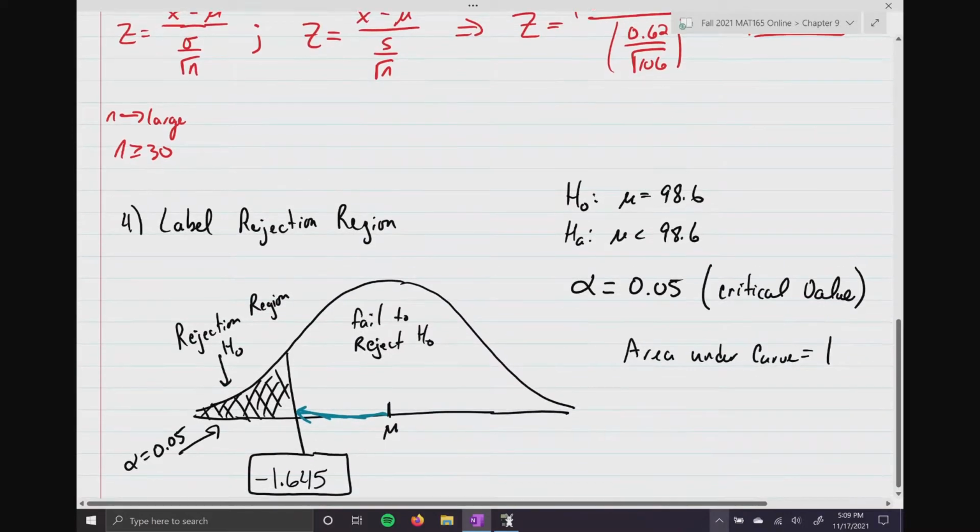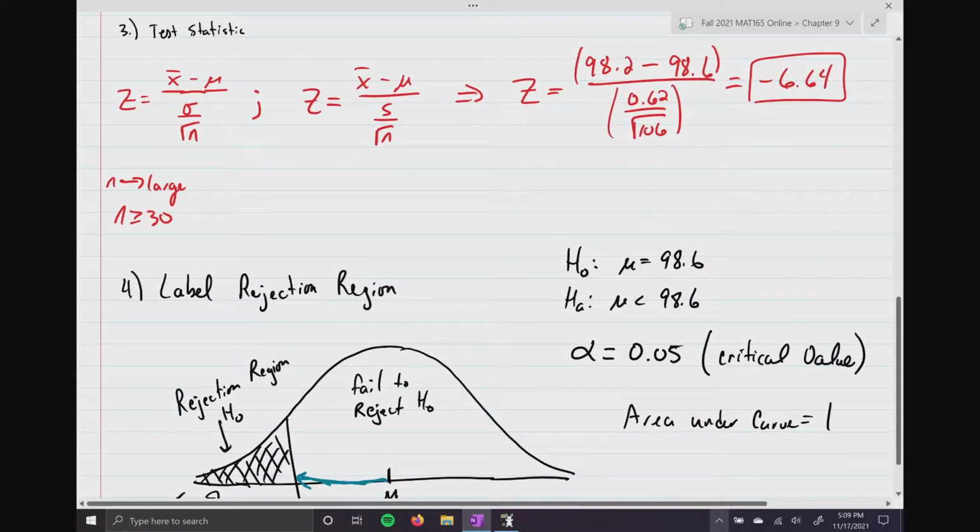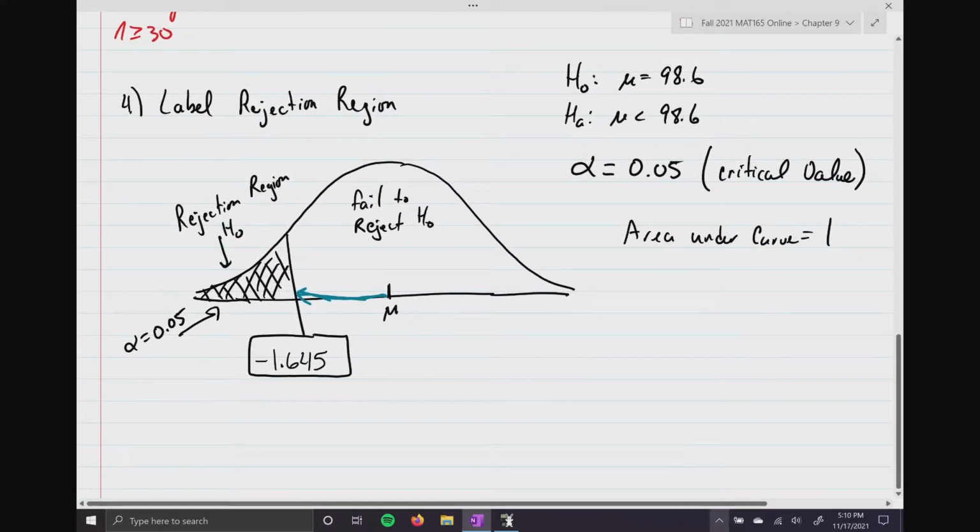Well, our test statistic was negative 6.64. And when you compare negative 6.64 to negative 1.645, it's to the left of negative 1.6, which means we are now in the rejection region. So I'm just going to write one simple statement.